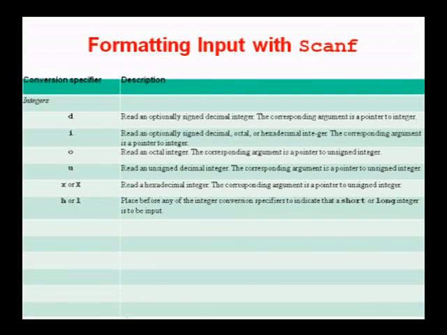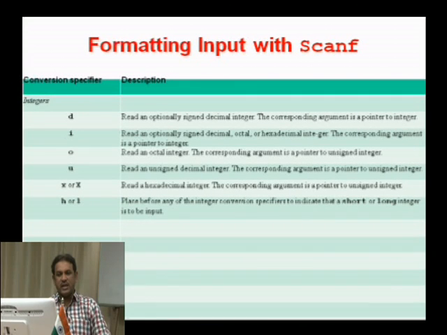There are different conversion specifiers, the same as you have seen for integers in printf; the same will also be used for scanf. %d for integers, %i for octal or hexadecimal, %o for octal numbers, %u for unsigned decimal integer, %x or capital %X for hexadecimal integer, and h or l for short or long integer to be input.